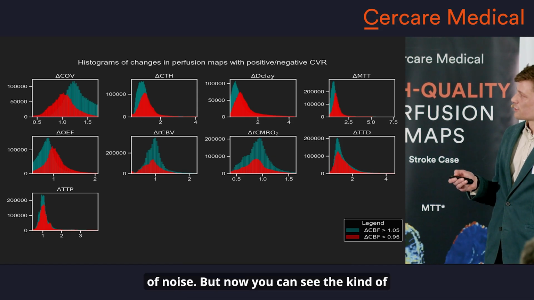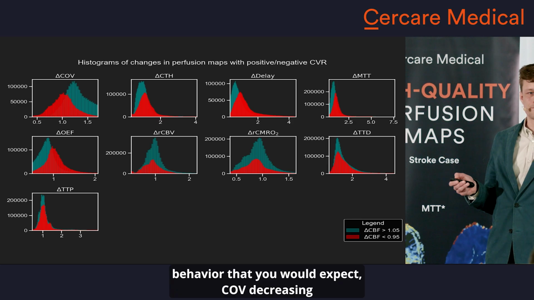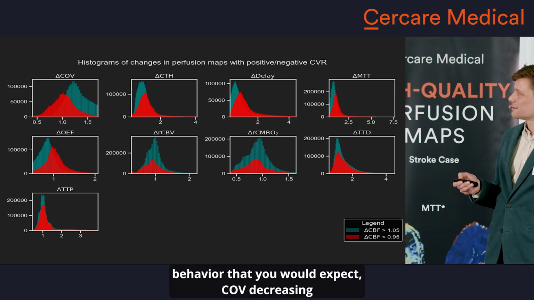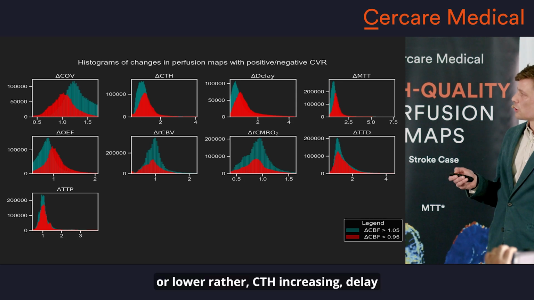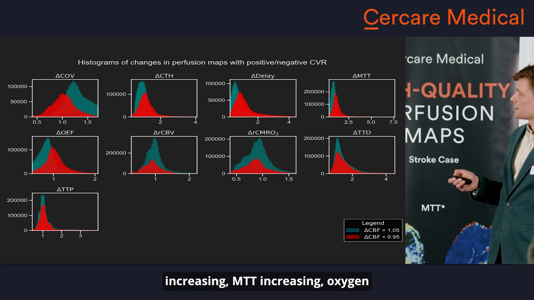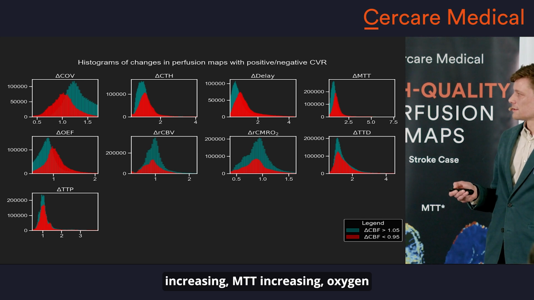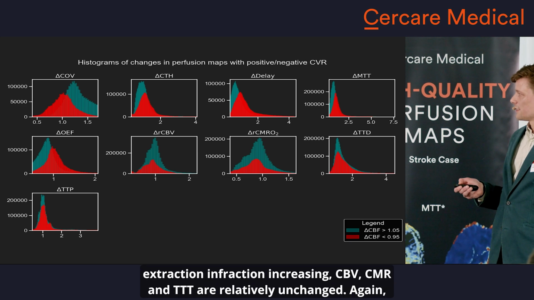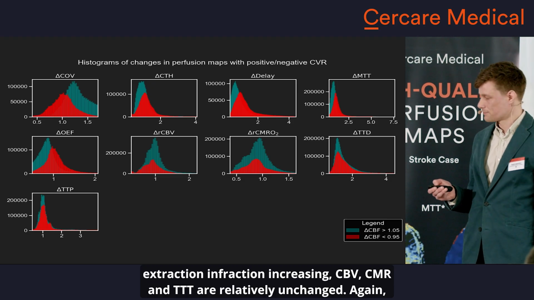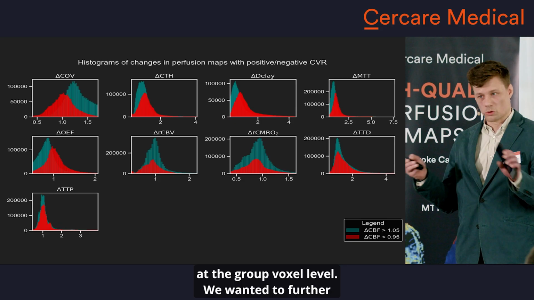But now you can see the kind of behavior that you would expect. CVR decreasing, or lower rather, CTH increasing, delay increasing, MTT increasing, oxygen extraction fraction increasing, CBV, CMRO2, and TTD are relatively unchanged. Again, at the group voxel level.